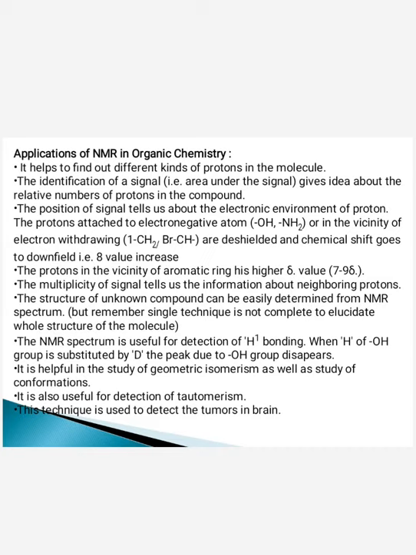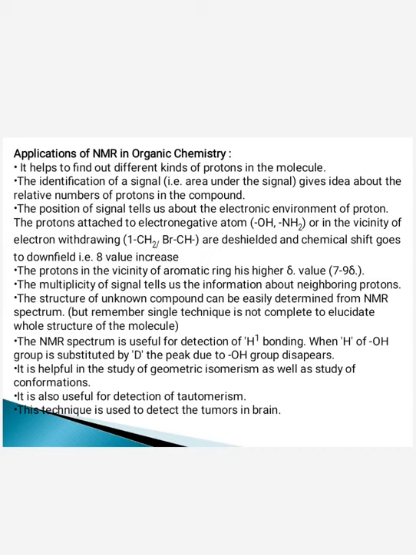Aldehydic and carboxylic protons appear at del values from 9 to 12 ppm, and when a proton is linked to an alkene, it appears from 5 to 6 del ppm. So from the NMR spectrum we can get an idea about the electronic environment of the proton.